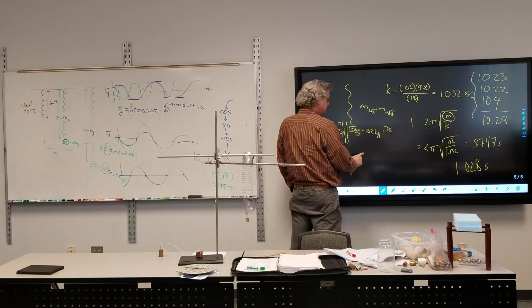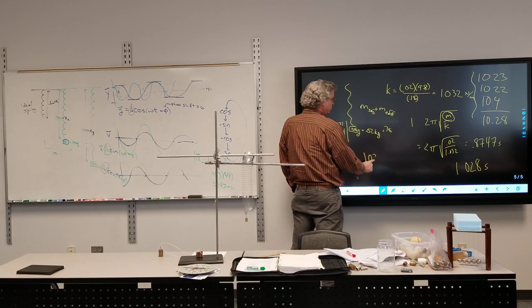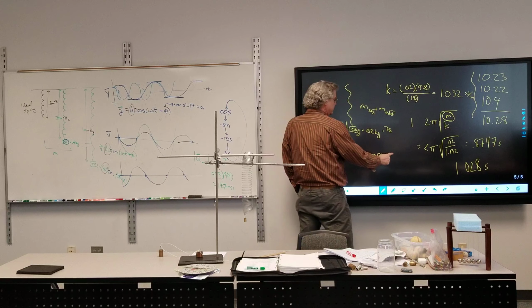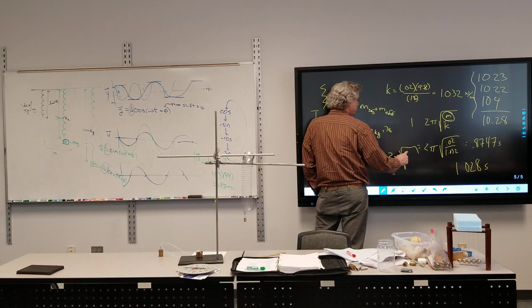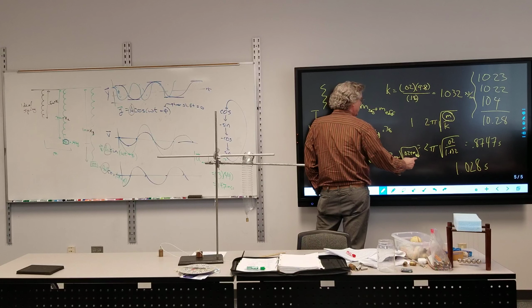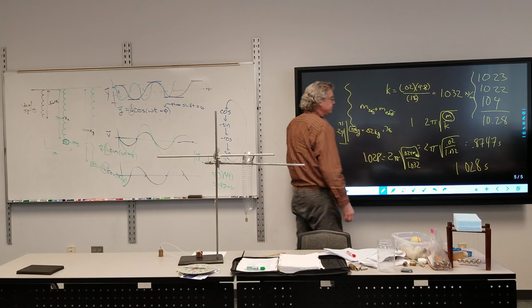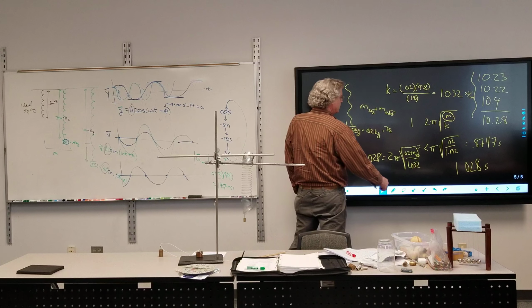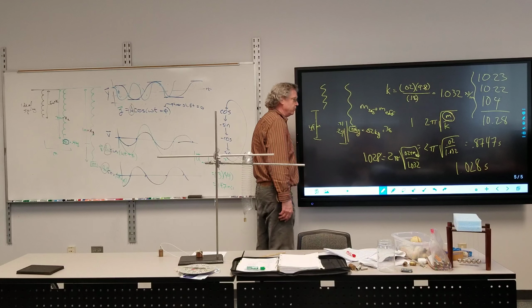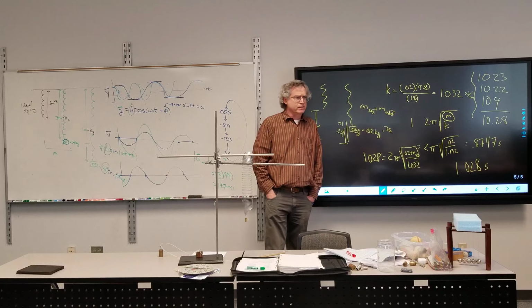So I have 1.028 is equal to 2 pi times the square root of 0.02 plus whatever our effective mass is, divided by 1.032. And so, solve for effective mass.